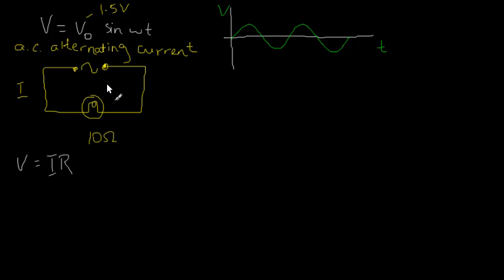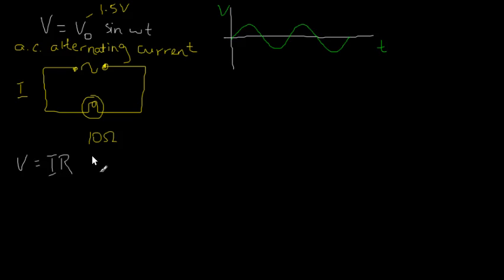But in this case, it's an alternating current. So can we still use Ohm's law? In fact, we can. It just means that both the voltage and the current will keep changing. The resistance is still fixed, in this case, 10 ohms.